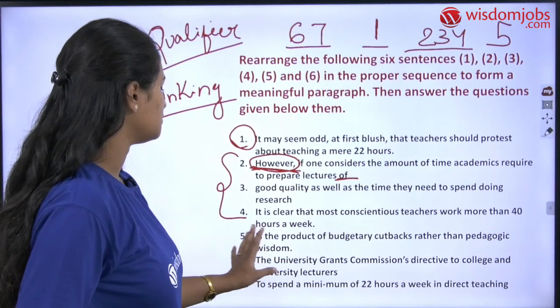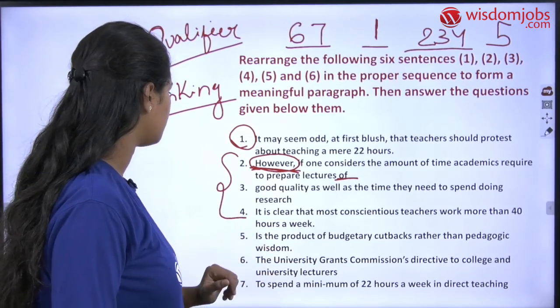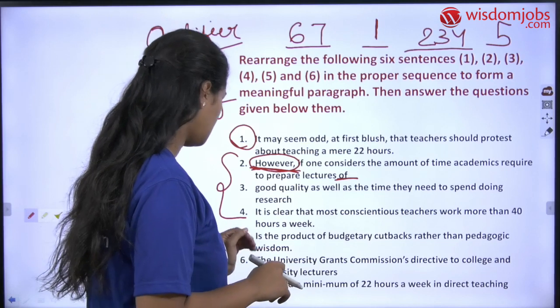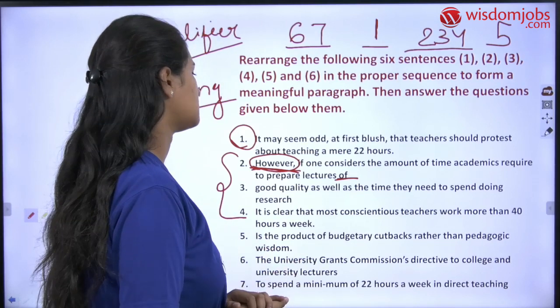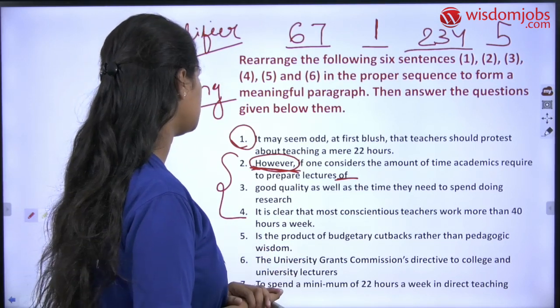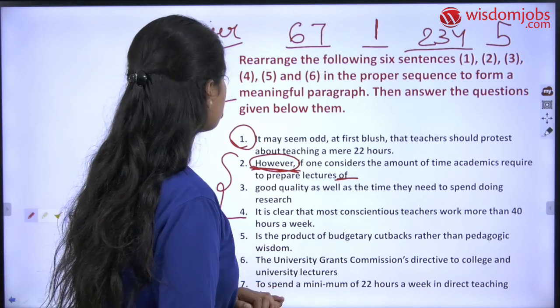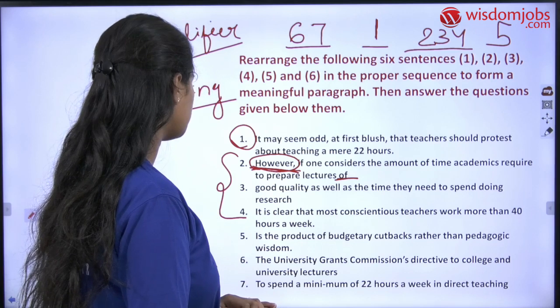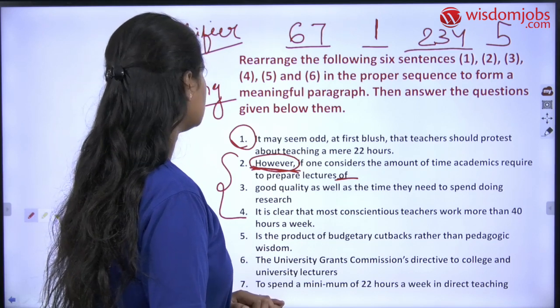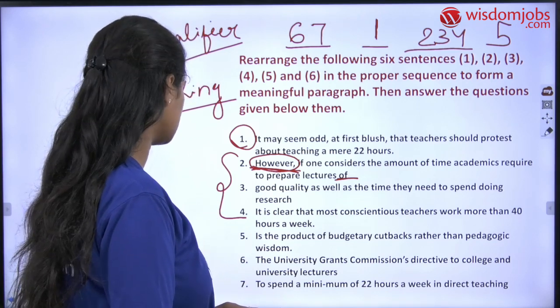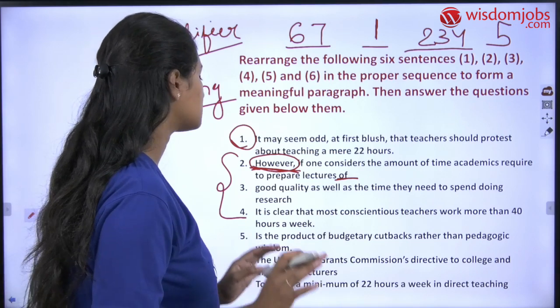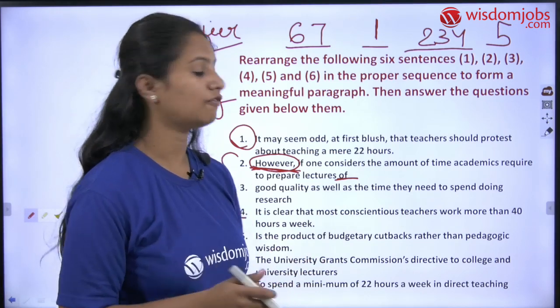So now we have to see which sentence should come first. Now let us see again. It may seem odd at first blush that teachers should protest about teaching a mere 22 hours. However, if one considers the amount of time academics require to prepare lectures of good quality as well as the time they need to spend doing research, it is clear that most conscientious teachers work more than 40 hours a week.